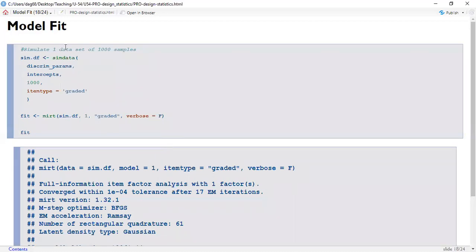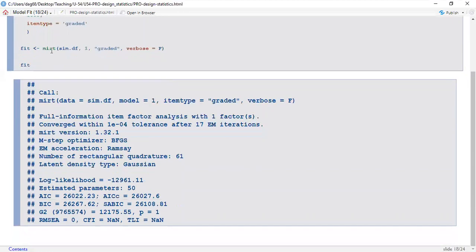So again, it's just drawing one simulated data set of 1,000 people to show you where we can get the statistics. So if we just fit the model, like I've done here using the software, and we print the model diagnostics, you can see that the G2 statistic has a very large value and a p-value of 1.